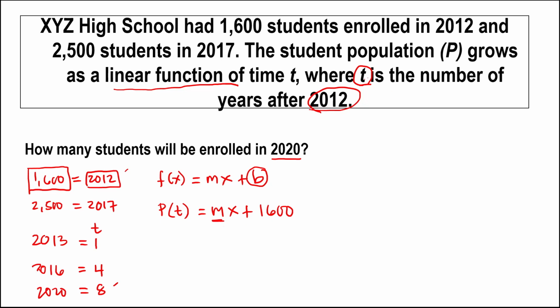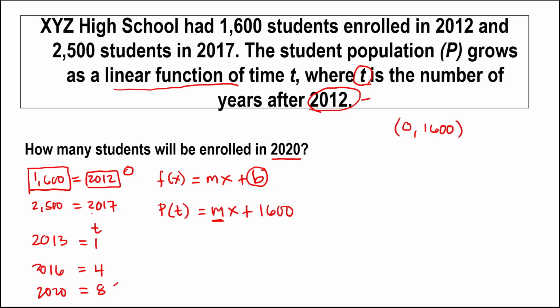Since the time is after 2012, in 2012 the time is equal to 0. So this is now our first coordinate: the time is 0, and the number of population is 1,600.